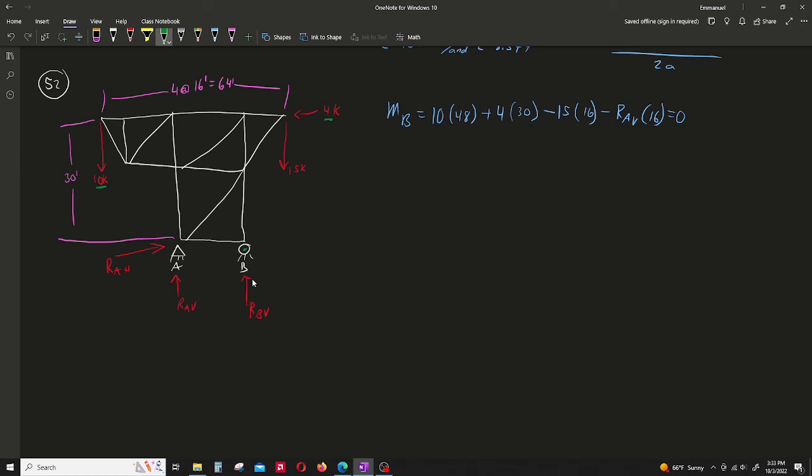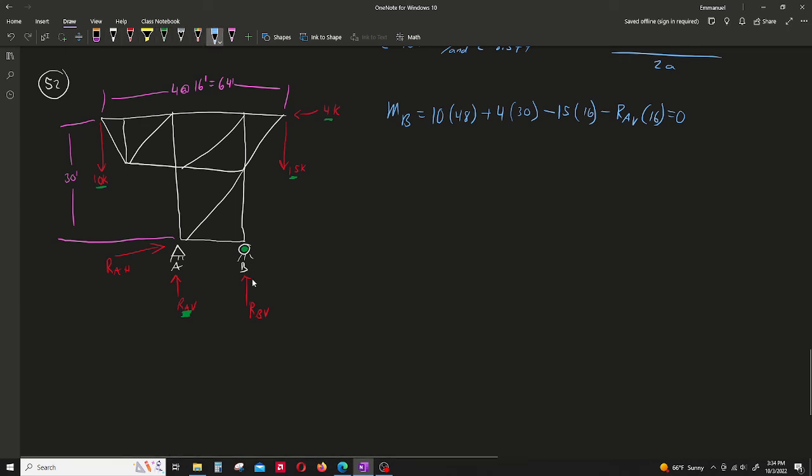And then we also have a 15 kip force right here, which is only 16 feet away, and a reaction at AV, which is right here, 16 feet away. So everything is based off of our center point of B, and therefore all of our forces are going to be based on that.